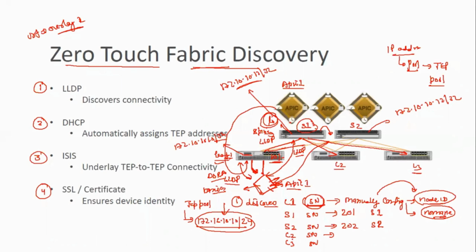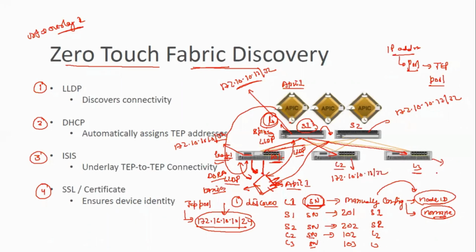Okay. So as soon as your APIC discovers the serial number, you have to manually configure the node ID and the node name. Then again, the DORA process will happen between your leaf and your APIC, and your leaf will get a unique IP address from the TEP pool.